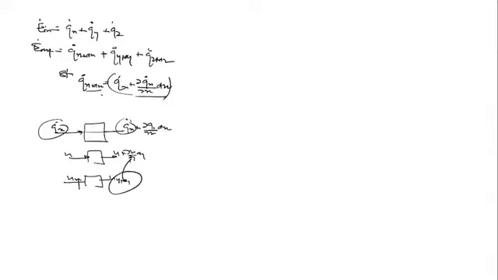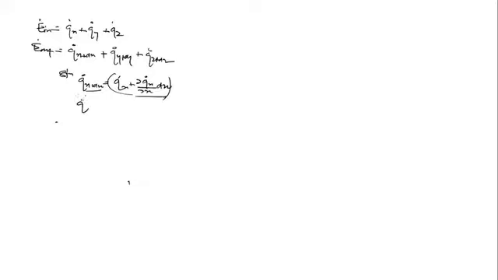Is this clear? Similarly, q dot at y plus dy is q dot at y plus the change in q dot at y with respect to y into the distance dy. Q dot at z plus dz is q dot at z plus del q dot z upon del z into dz.